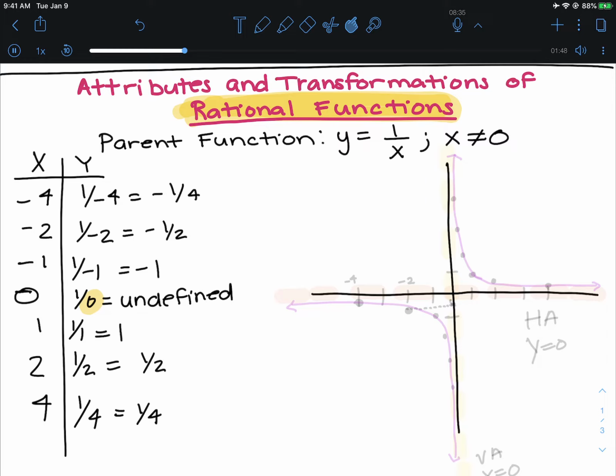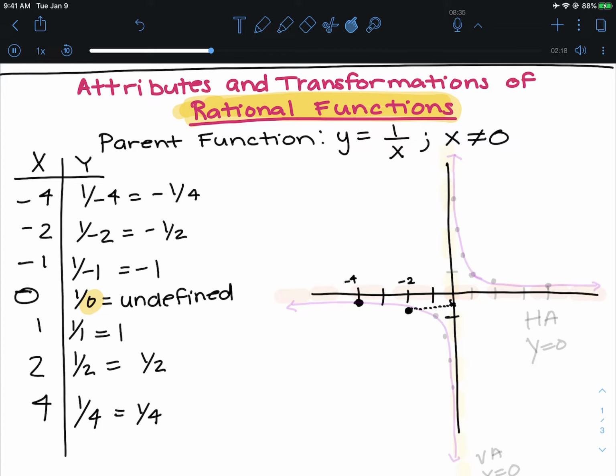So x is going to be -4, -1, -2, -3, -4. And then y is going to be at -1/4. So that'll be -1, so 1/4 will be right here. Right there, -2, and then that's at -1/2, which is like right there.